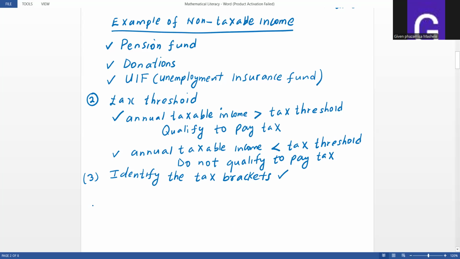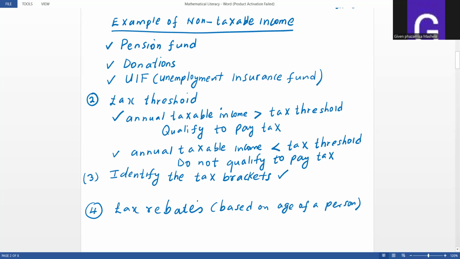Then after doing that, we need to also take into account the tax rebates. We need to calculate the tax rebates of this individual based on the age of that person.